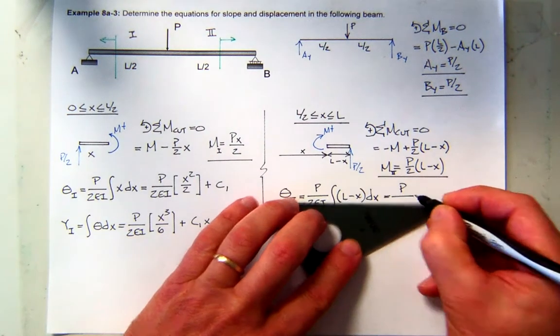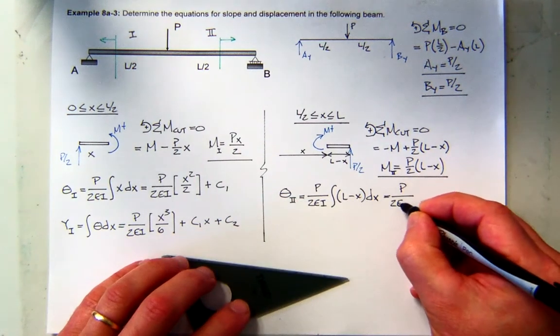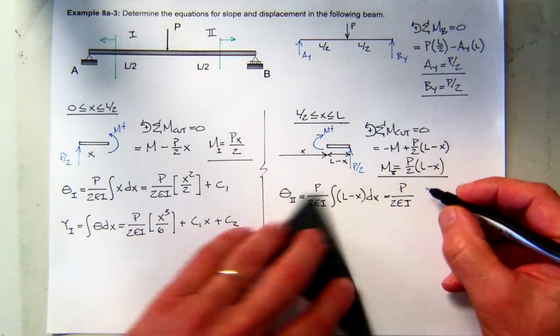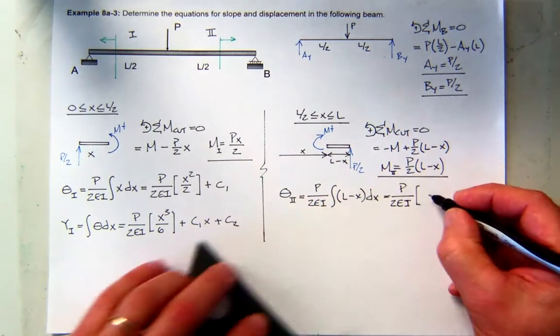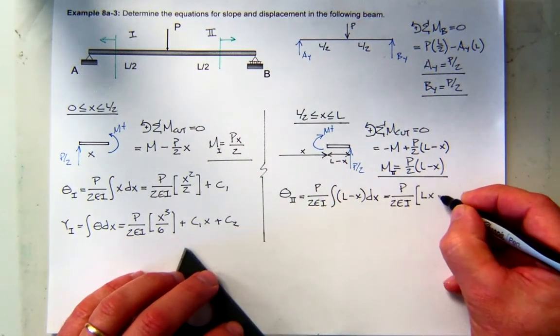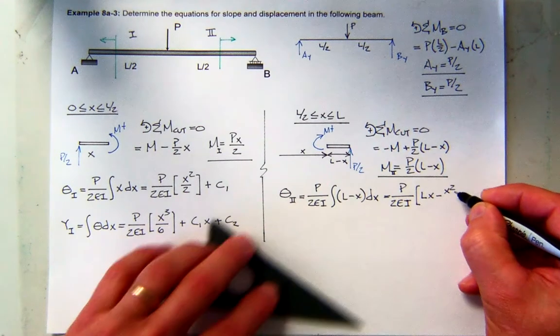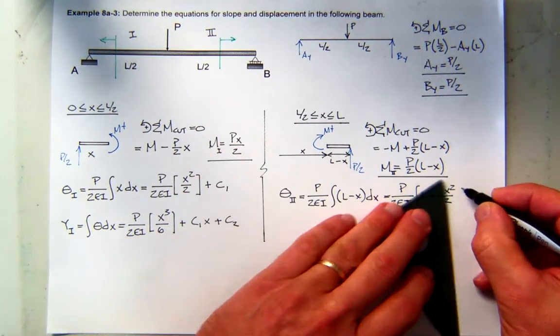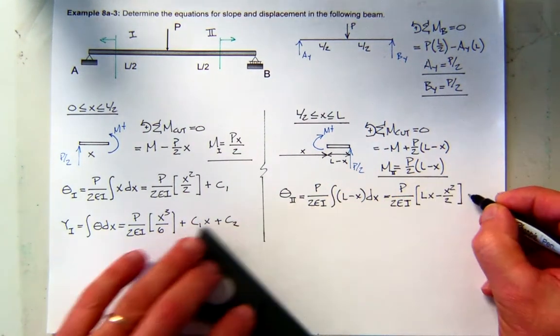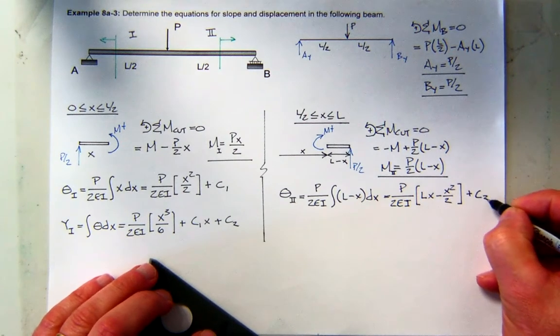So just a lot of writing the same stuff down here. So P over 2EI, and then I'll integrate that, so I get LX minus X squared over 2. And then a new integration constant, I'll call it C3.